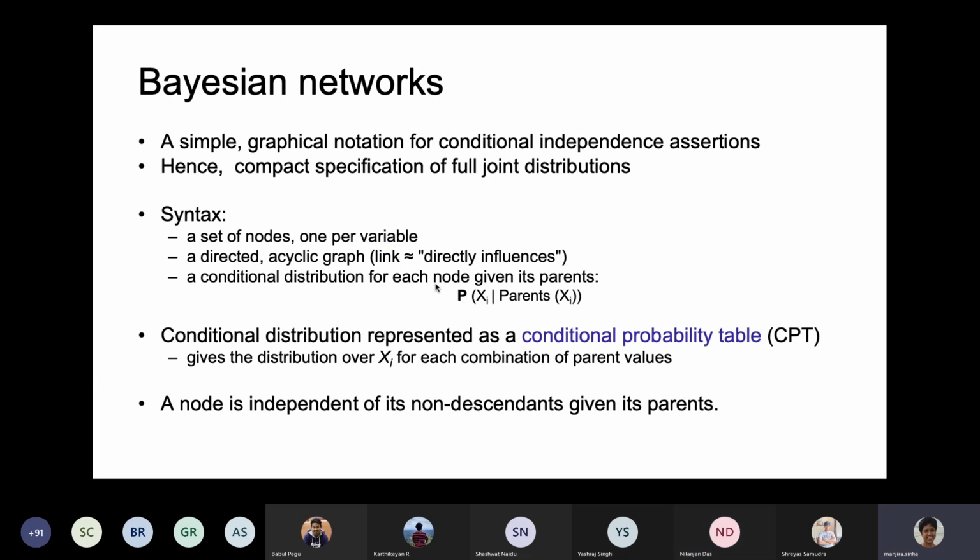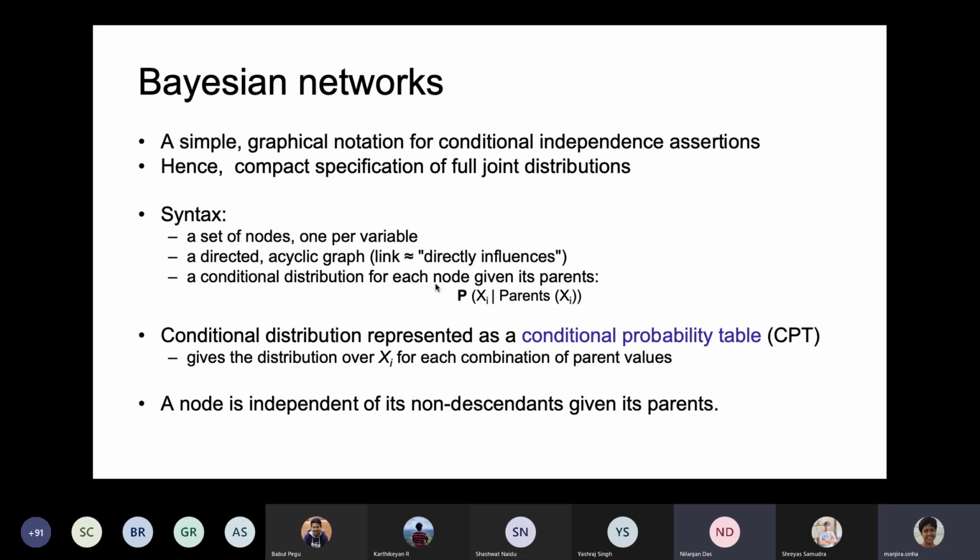So why Bayesian networks? It is a simple graphical notation for conditional independence assertions. Via the graph, we are showing, for each random variable, what other variables are influencing it. So it is a compact specification of the full joint distribution. We know that naive Bayes and these Bayesian networks are types of generative models.